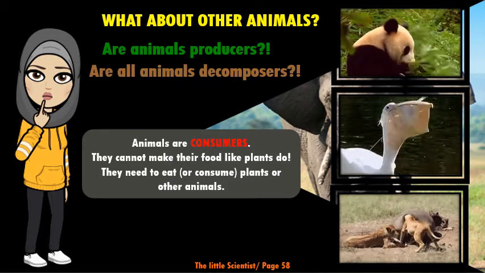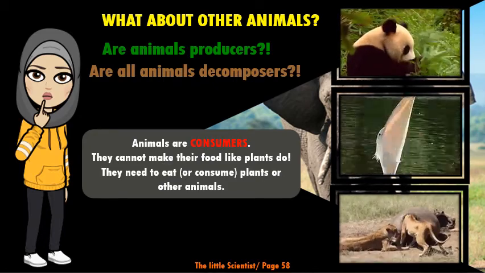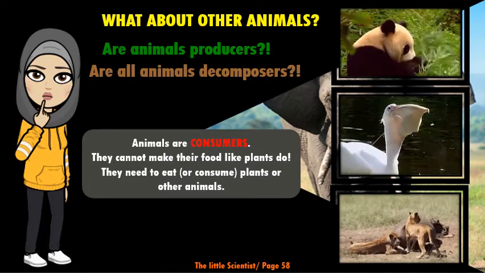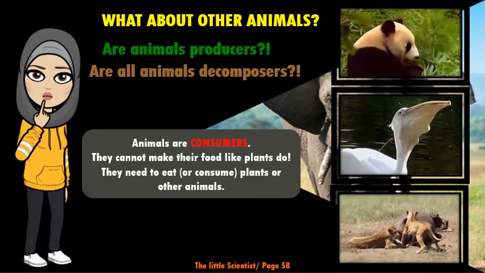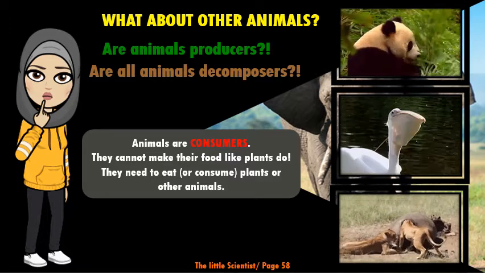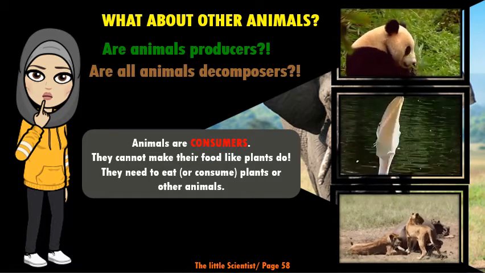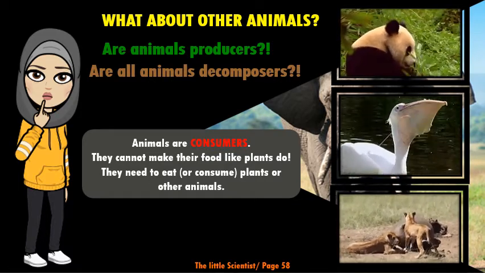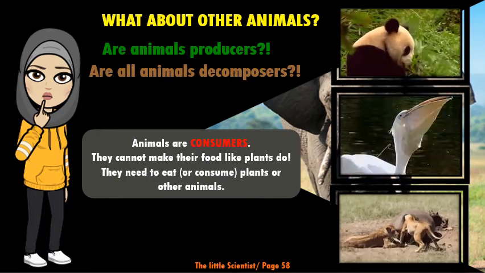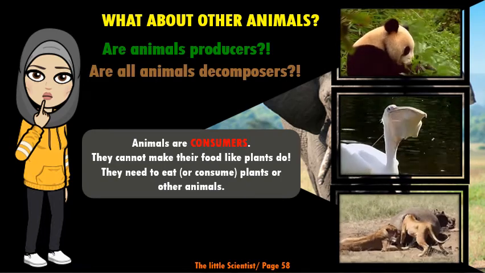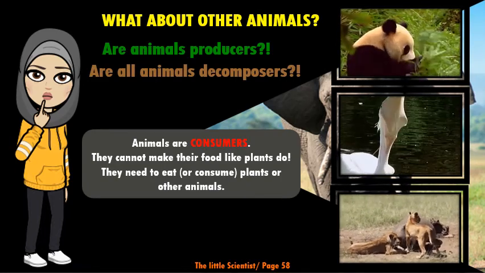These organisms can be plants or animals. So now we have three types of organisms. Producers, green plants are producers. Decomposers, such as fungi, bacteria, earthworms, and many more. And consumers. We are consumers since we eat food and we do not produce it or decompose it.